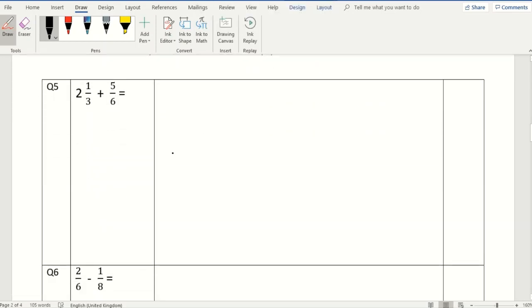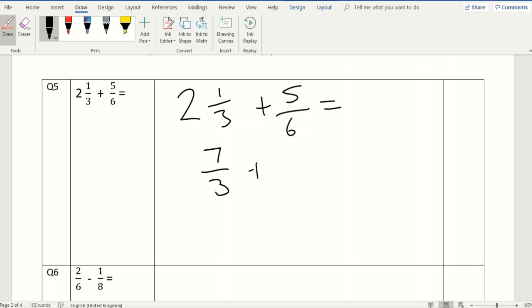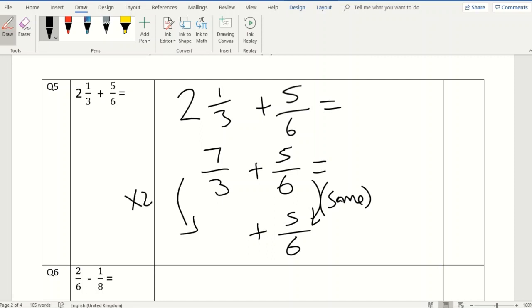Question number 5. 2 and 1/3 plus 5/6. First thing is we need to convert the mixed number into an improper fraction. So 2 multiplied by the 3 gives us 6, plus the 1 is 7. 7/3 plus 5/6. Again, different denominators, so I'm going to keep 5/6 the same, and multiply the 7/3 by 2.